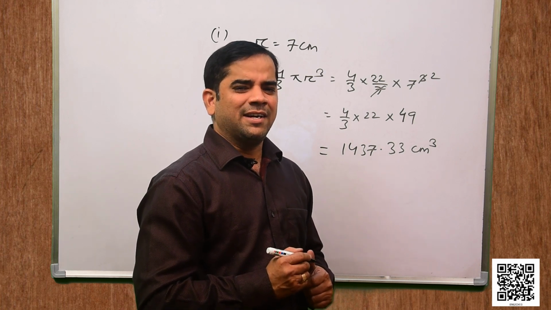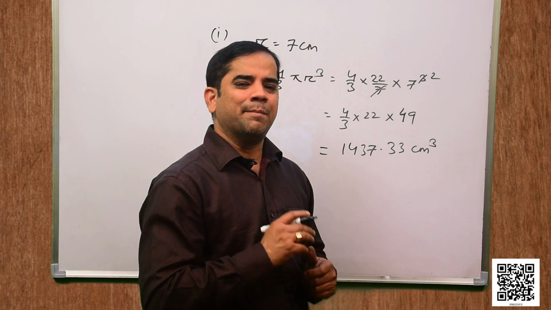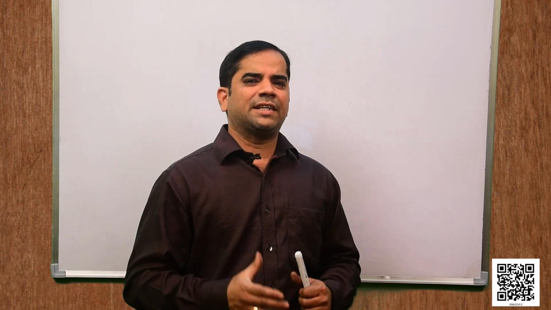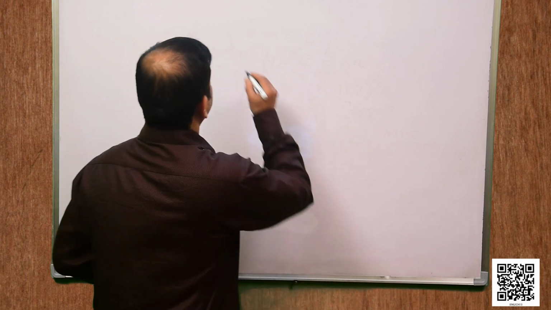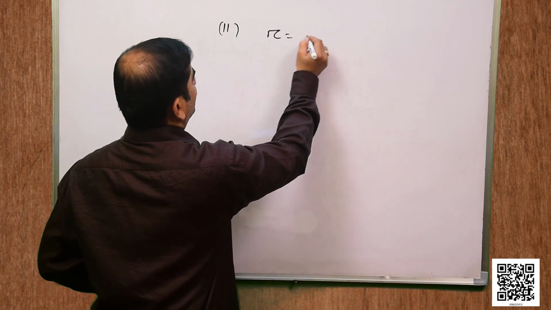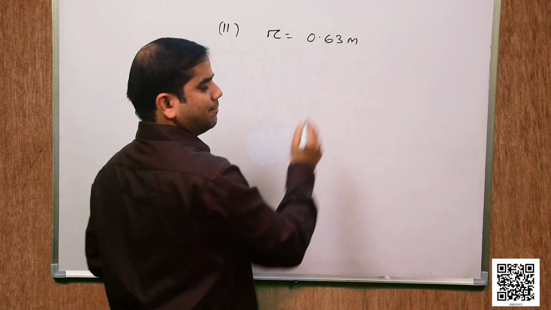Hope you understand. Now let us go for the second bit. Students, for the second bit, the radius is given as 0.63 meter. So r is equal to 0.63 meter. Fine.